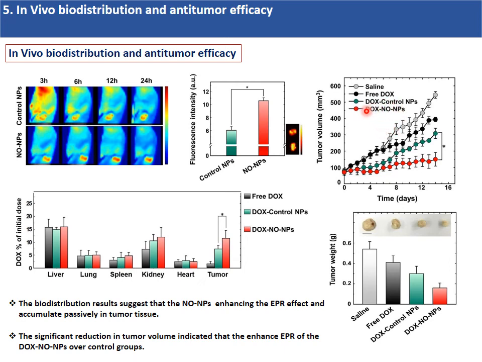This intracellular DOX release causes more apoptosis of the tumor cell compared to the DOX control nanoparticle and free DOX. So all the data above show that this molecule dilates the blood vessel, acts as a vasodilator, and enhances the EPR effect. Thank you.